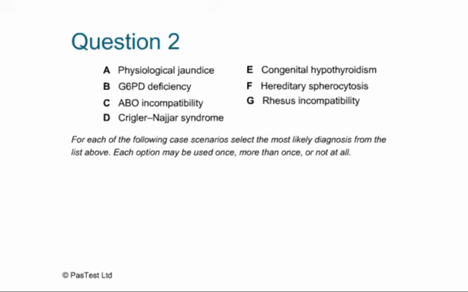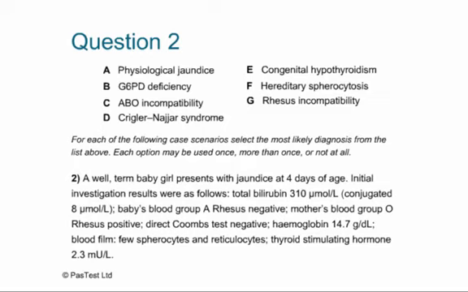Moving on to the next scenario, we have a well-term baby girl who presents with jaundice at 4 days of age. The initial investigations show a total bilirubin of 310 micromoles per liter with a conjugated fraction of 8 micromoles per liter. Her blood group is A rhesus negative.